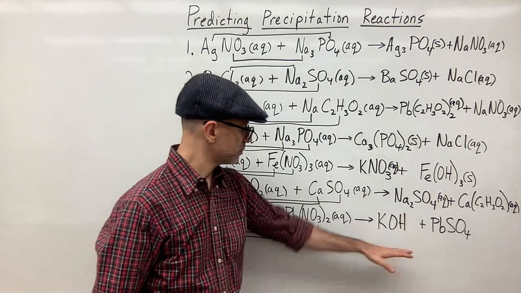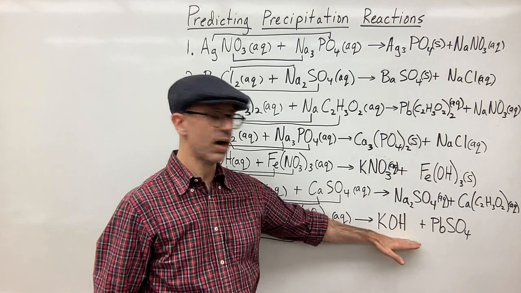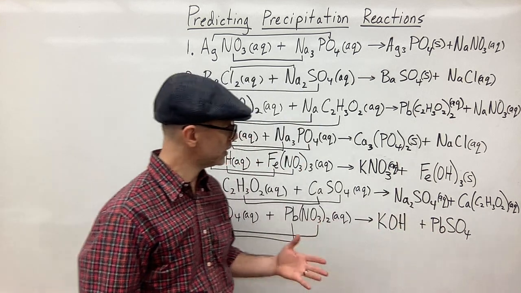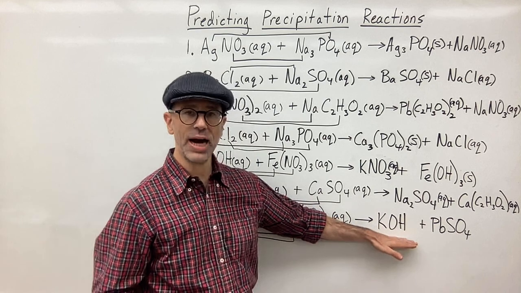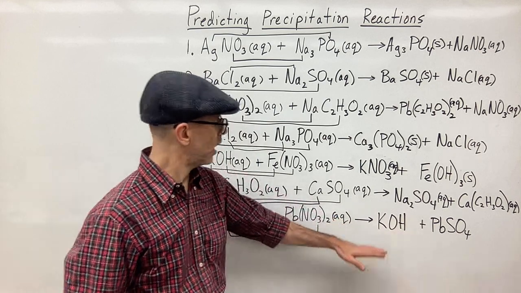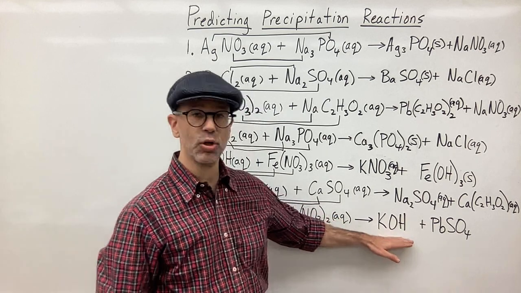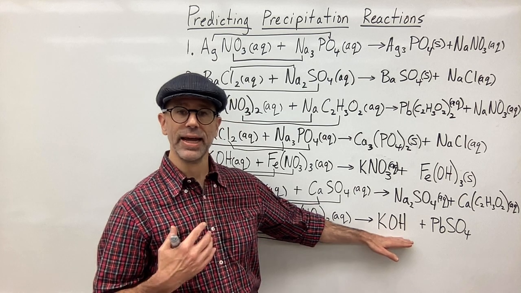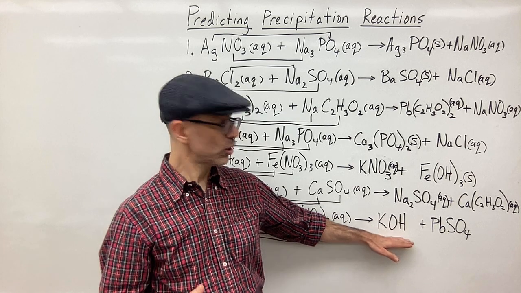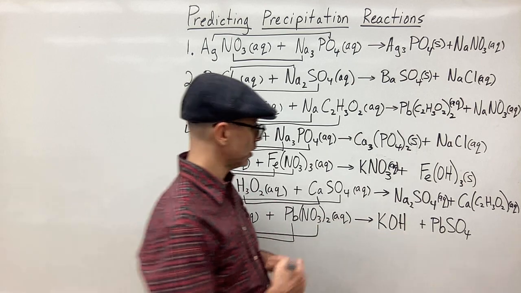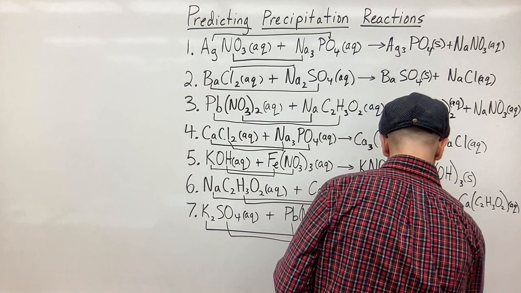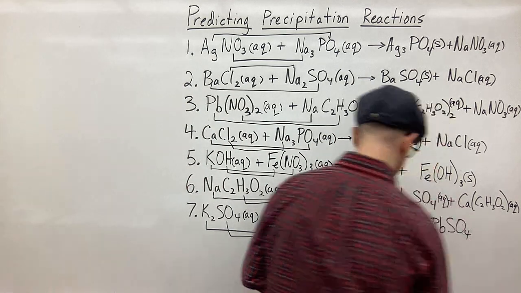And once again, we can see whether or not these are going to be soluble or insoluble. So we have KNO3. Remember, nitrates are always soluble, so this is going to be aqueous.